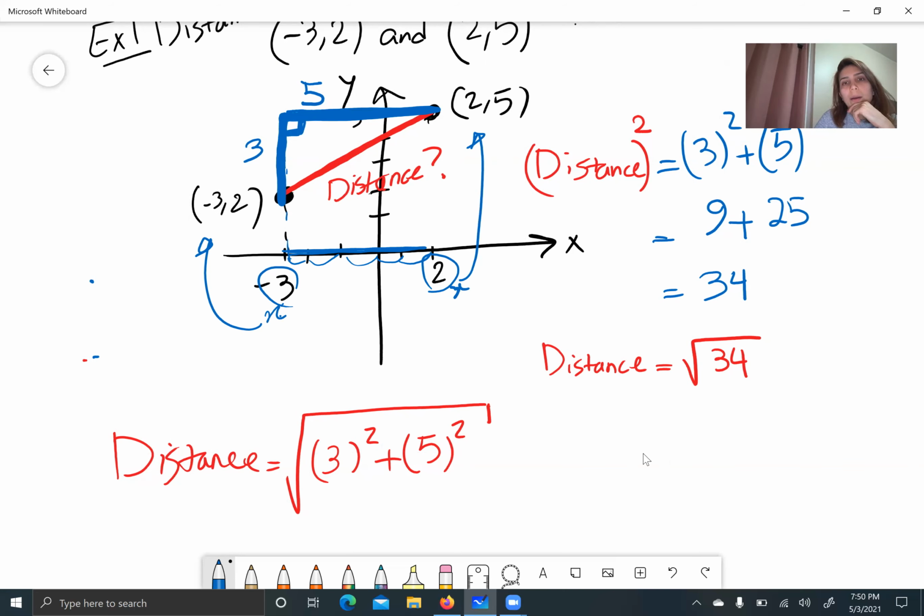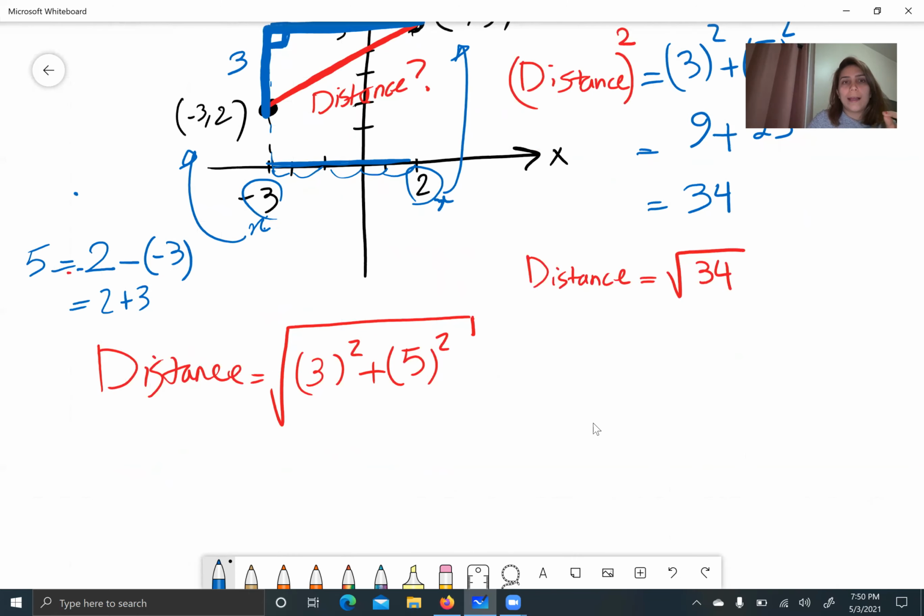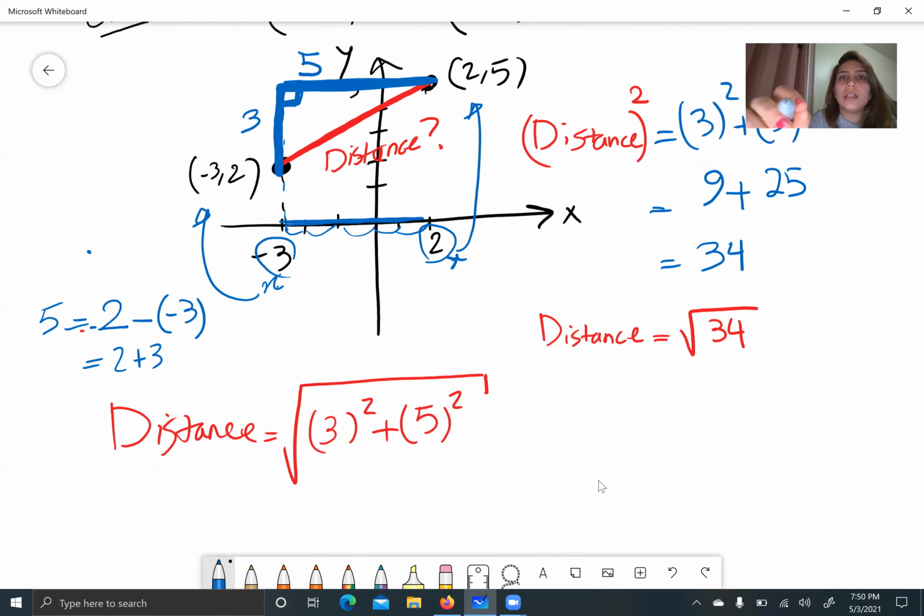So in other words, we could also say that the 5 here is 2 minus -3, because this is going to give us 2 plus 3, which is 5, right? So it's like if we subtract, it's like finding the distance between these two x values.